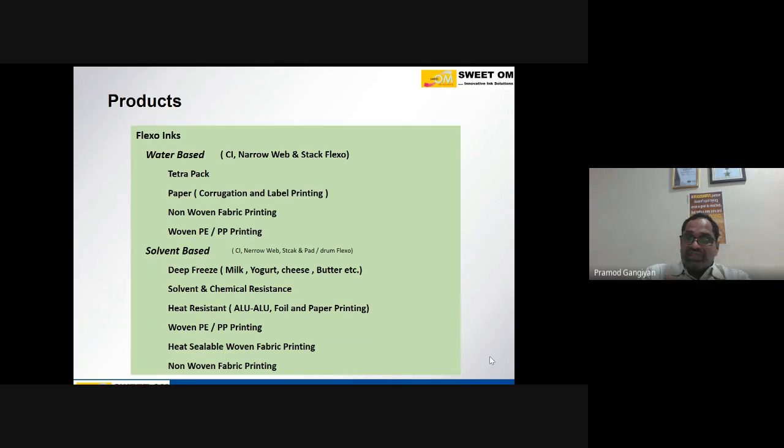One coating is for aesthetic effect, one coating is for anti-skidding, so that it should not skid when we are stacking it. And there is another dimension. We have one more coating which is called anti-static coating. Because sometimes what happens, I don't know whether you have observed it or not, sometimes the stores of rice or wheat catch fire by themselves.